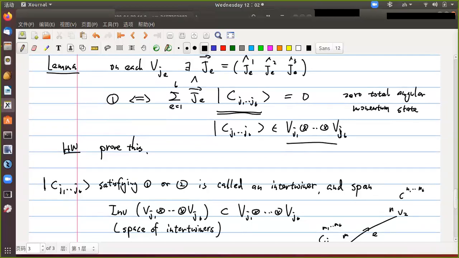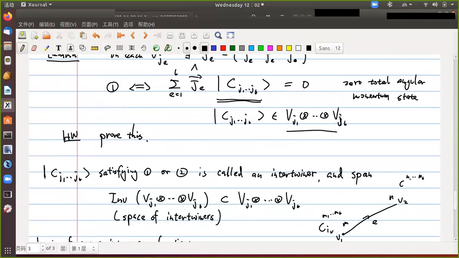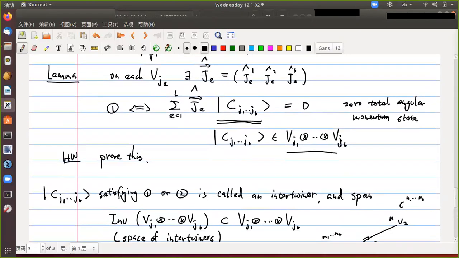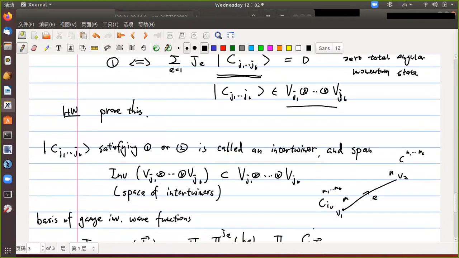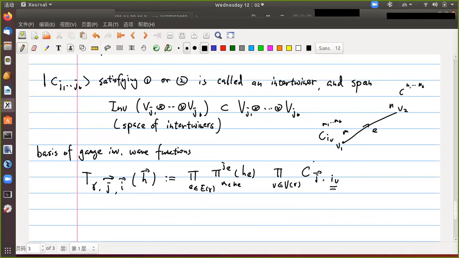Sometimes you get only a one-dimensional Hilbert space, but most of the time it is multi-dimensional. Then you can make a basis in this Hilbert space, and I of V labels the basis. So this is the intertwiner basis label.